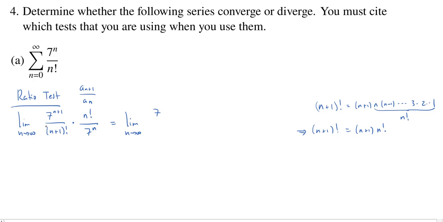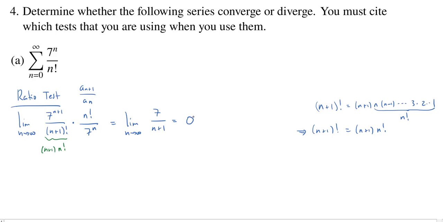Now these n factorials will cancel, and I'm just left with an n plus 1 in the denominator. As n goes to infinity, n plus 1 goes to infinity. Of course, the 7 is staying constant, so this limit is equal to 0.